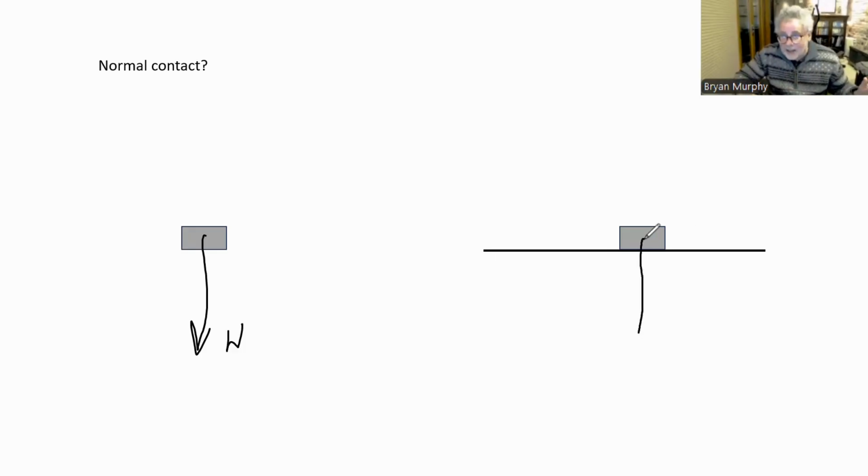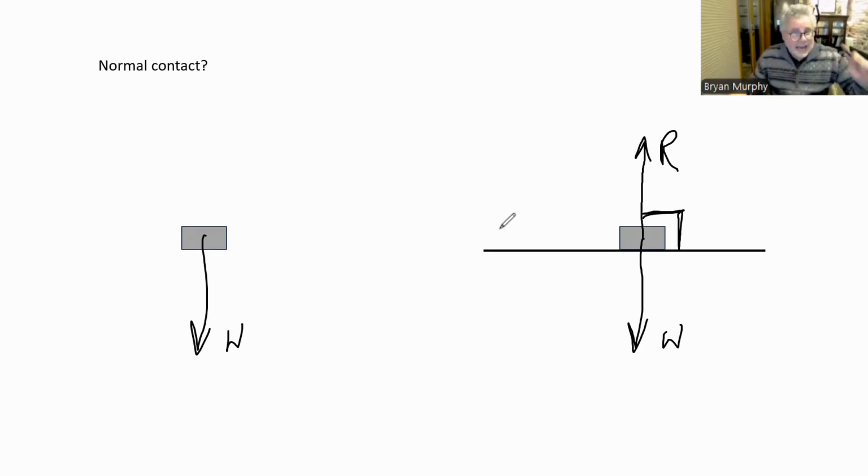So here I've got W acting downwards, and because of that, I have an upwards force, which I'm going to call the reaction force. The normal reaction force is always at 90 degrees to the surface, because it is a normal reaction force.